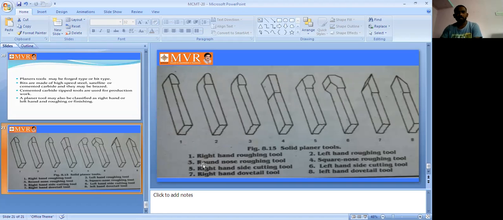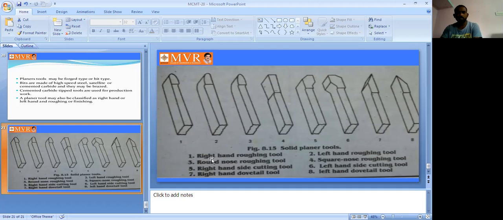Next is the round nose rough tool. The third one is the right hand side cutting tool, this one. So this is the third tool.